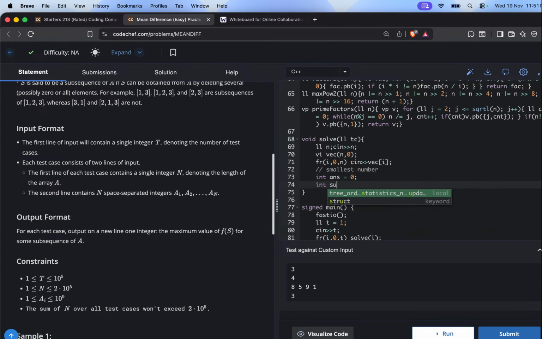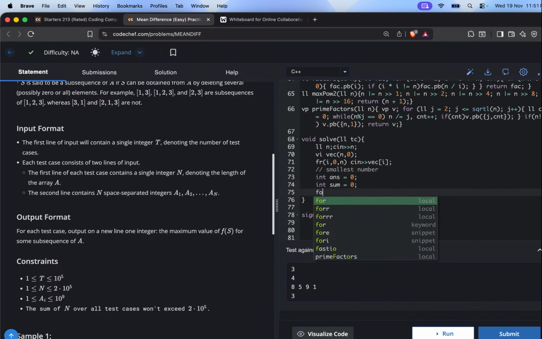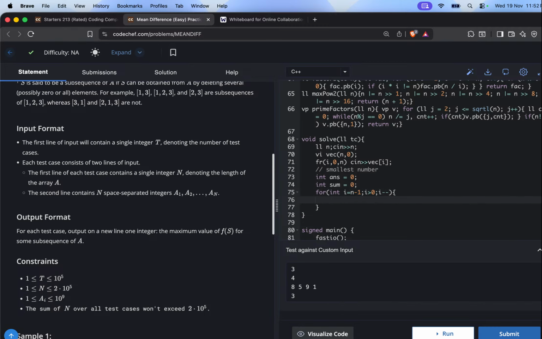What is the current sum? The current sum is 0 because we have not chosen any number. Now iterate from backward. Okay, we have not sorted the numbers yet.